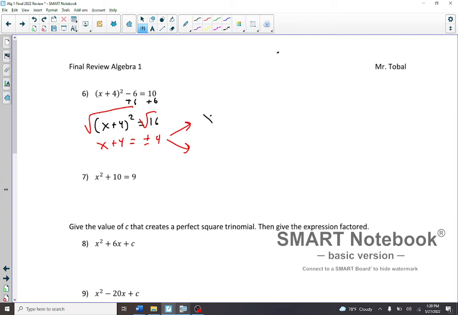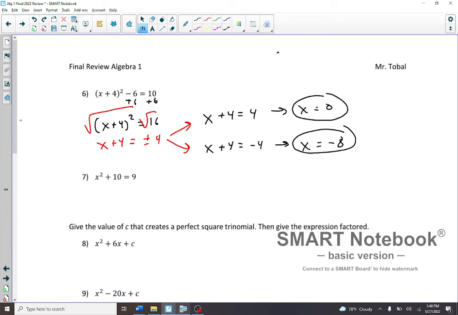So it's going to be X plus 4 equals positive 4, and X plus 4 equals negative 4, which means minus 4 on both sides, X equals 0. And then minus 4 on both sides, X equals negative 8. So both my answers are 0 and negative 8.